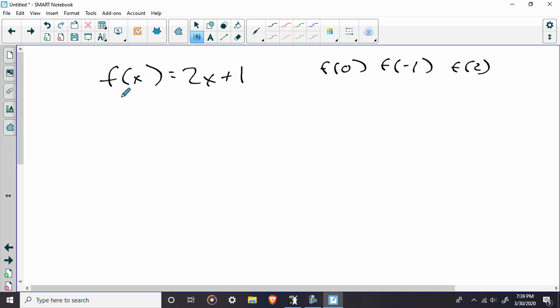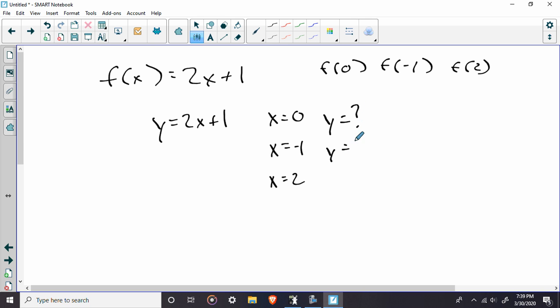So all this is saying is, here's your function, 2x plus 1. It's what used to be called y is equal to 2x plus 1. And all they're saying is x equals 0, x equals -1, and x equals 2. What does y equal? In other words, what's the coordinate? The only thing that's changing is some of the notation we use.